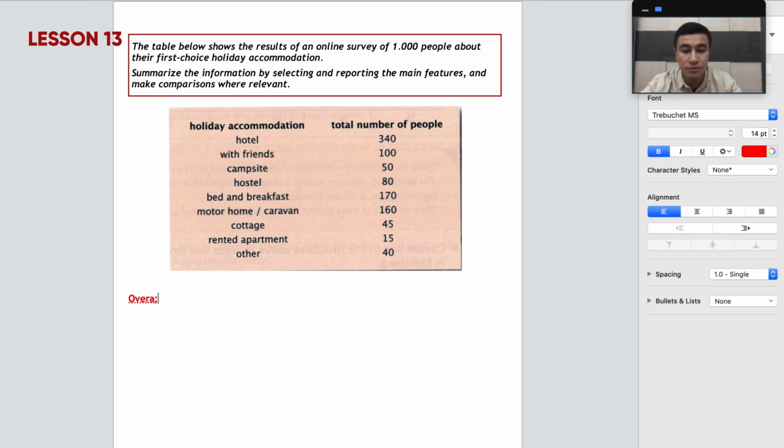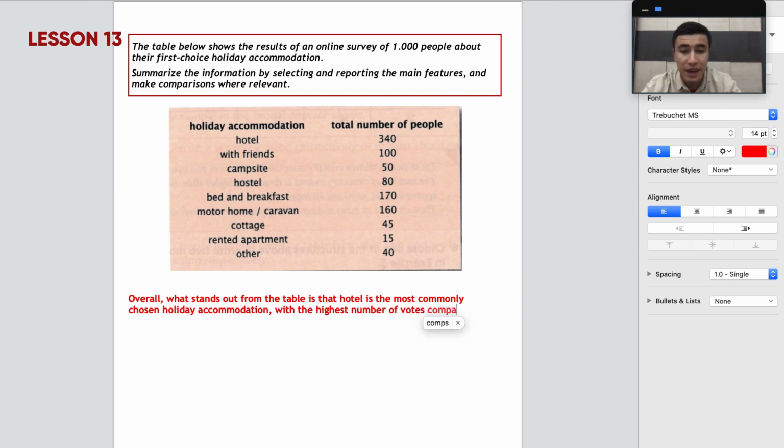Okay, overall, what stands out from the table is that hotel is the most commonly chosen holiday accommodation with the highest number of votes compared to others.